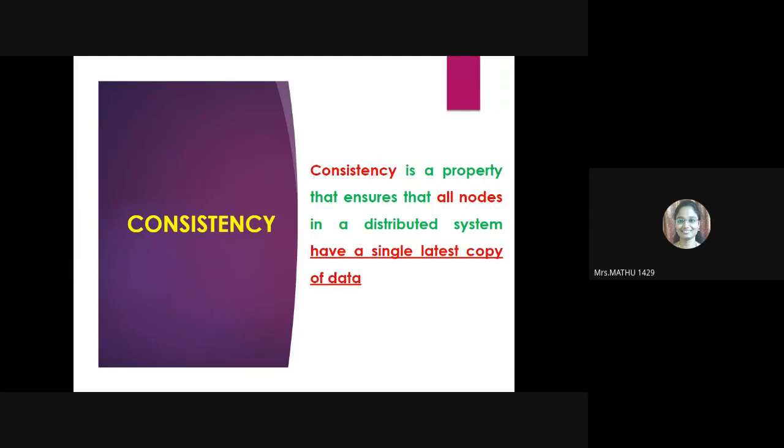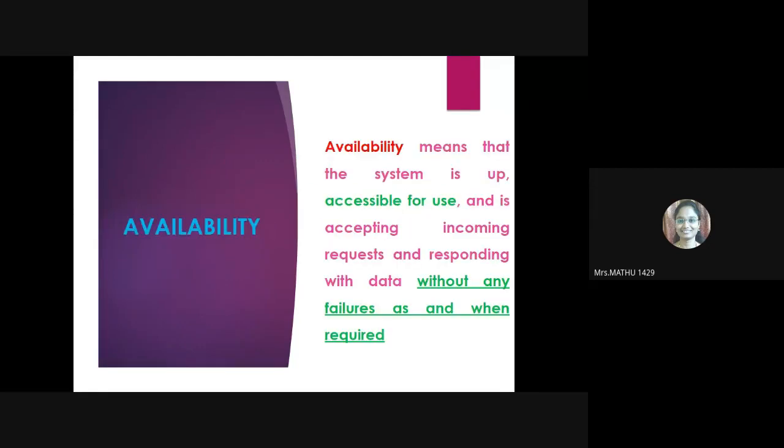That is the challenge in a distributed system: coordination between the nodes. Once you do a transaction between any two nodes, that transaction has to be updated in all other nodes also. The coordination has to be done among all the nodes, and that is the meaning of consistency. The second letter of the CAP theorem is availability.